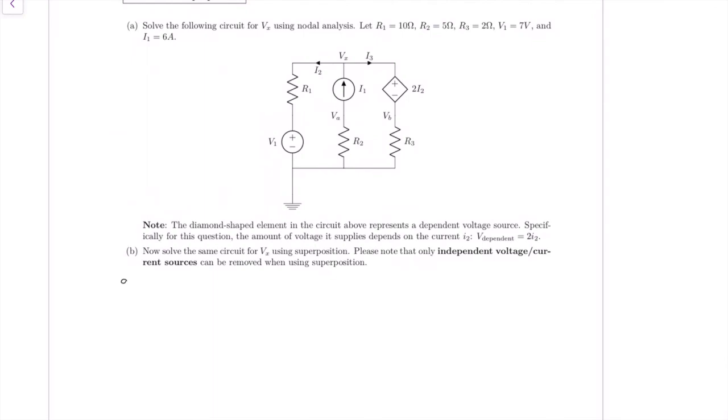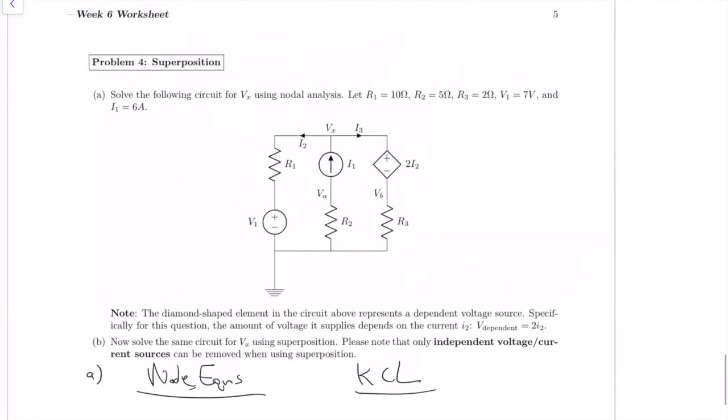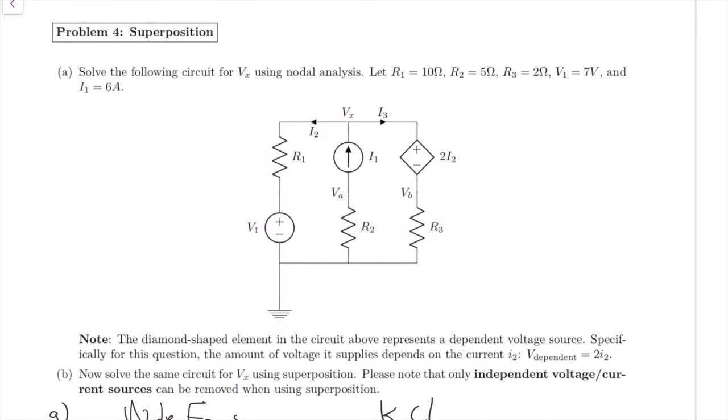So part A, we're going to do the same kind of nodal analysis. So we're going to have node equations, and then we'll have KCL. So let's first label this. Most of this diagram is already labeled for us, so we're going to take advantage of that. But we just need to label the positives and negatives. So there's a positive here and a negative here because of the current I2. It's going through this way, positive sign convention.